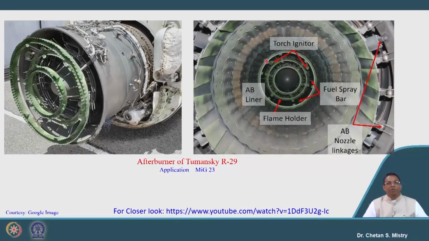So here this is representing my spray bar, torch igniter, flame holder, afterburner lining, and here this is representing my afterburner nozzle linkages. For more, you can go with this YouTube video that will be giving you a more detailed understanding of afterburner.